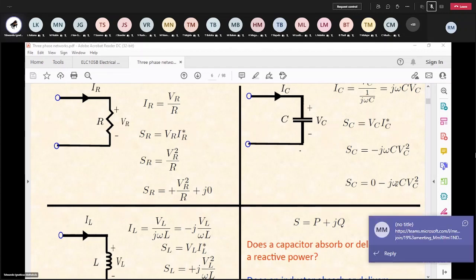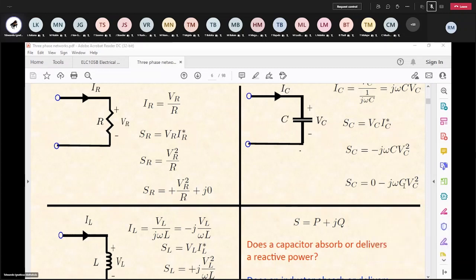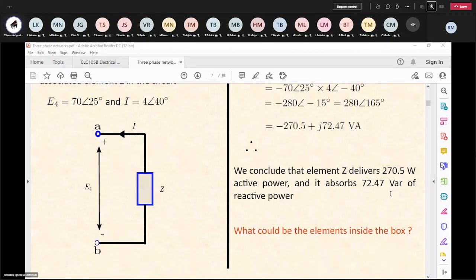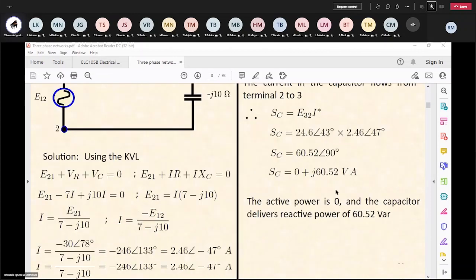Omega C times VC squared is a representation of Q, because P is 0, I don't have any resistive element in the circuit, and this is how I would calculate the Q. The Q is the reactive power produced by the capacitance. Those are just examples.